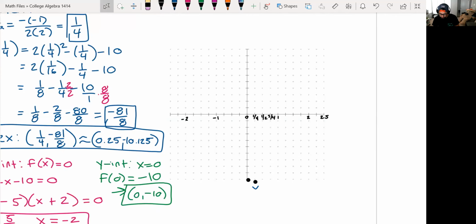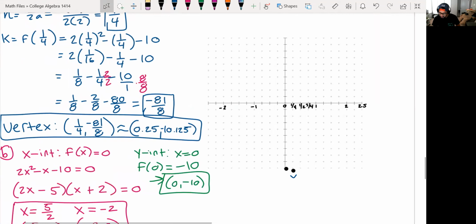And then my x-intercepts are at 2.5, which is here. That's 5 halves, right? And then negative 2, which is here. Yeah, look at that. Not bad.